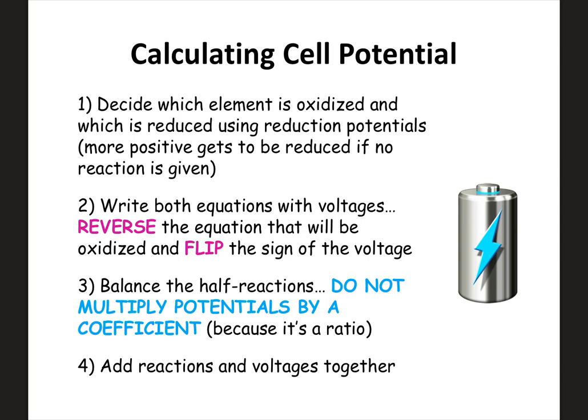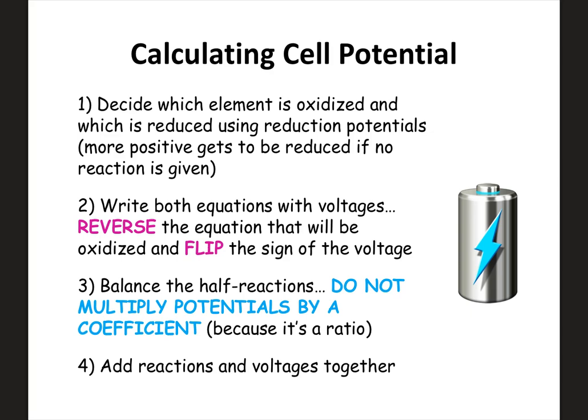That's a big idea. If you flip a reaction, you have to flip the sign. That's all you could potentially do to the cell potential of one of these half reactions. You might need to multiply a reaction by a number in order to get everything to balance, but you would not do anything to the cell potential when you do that. That's a big idea.